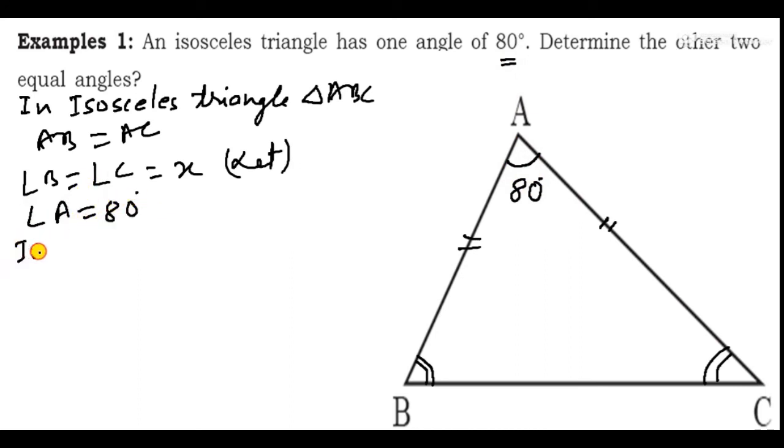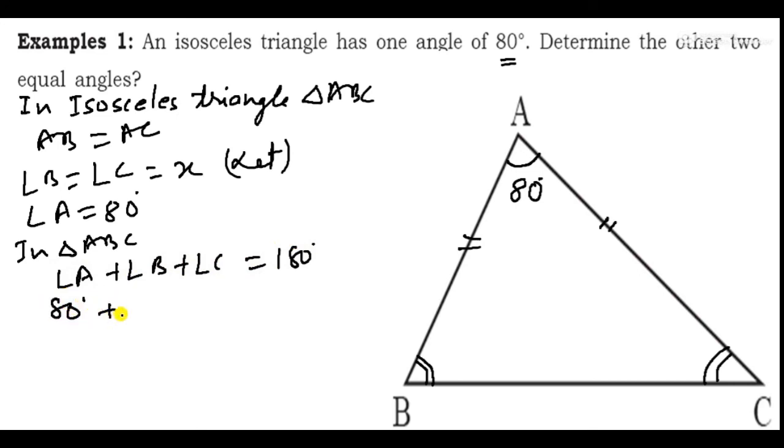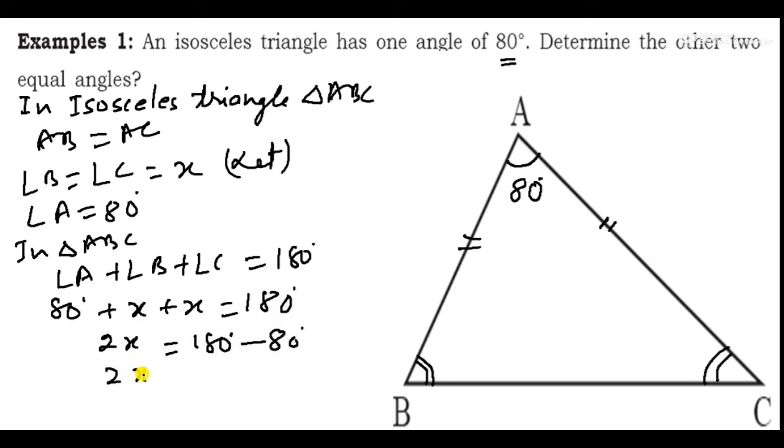Let us see in triangle ABC what will happen. Angle A plus angle B plus angle C equals 180 degrees. So angle A is 80 degrees, angle B is x, angle C is x, and the sum equals 180 degrees. So 2x is 180 degrees minus 80 degrees, so 2x is equal to 100 degrees.